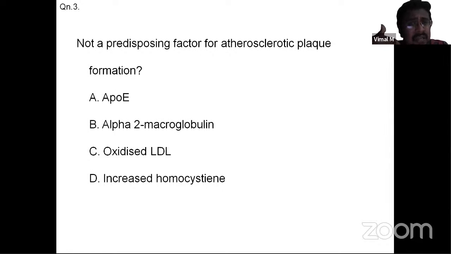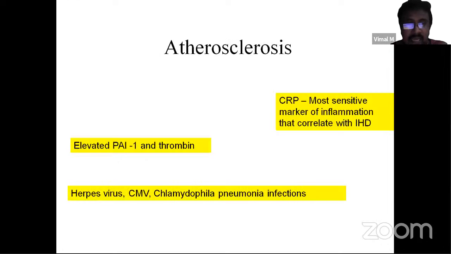In addition, there are the emerging concepts put forward about the atherosclerotic plaque: that even elevated plasminogen activator inhibitor (PAI) and thrombin are risk factors.